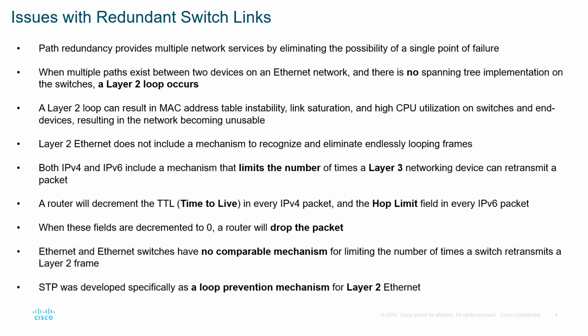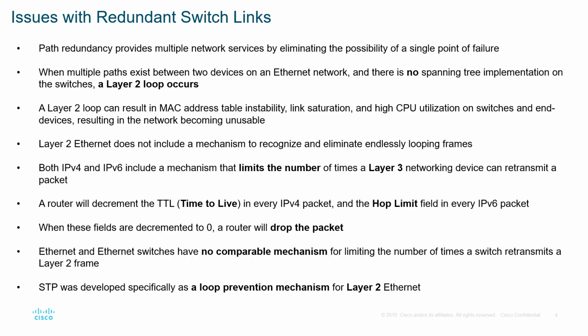Layer 2 Ethernet does not currently include a mechanism to recognize and eliminate endlessly looping frames. Both IPv4 and IPv6 do include a mechanism that limits the number of times a layer 3 network can do this, that TTL that we've spoken about before, but not in layer 2.